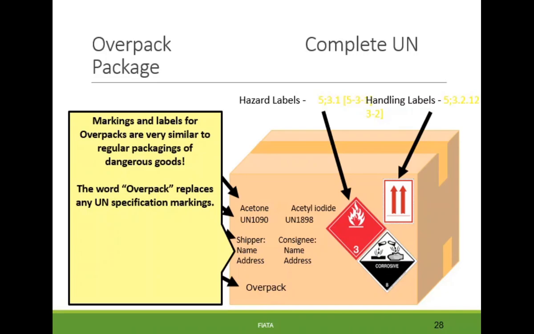This is how overpack packages are done. The first one you looked at are just ordinary UN packages. These are overpack packages, and I believe you would be taught what overpacks are in the dangerous goods module.